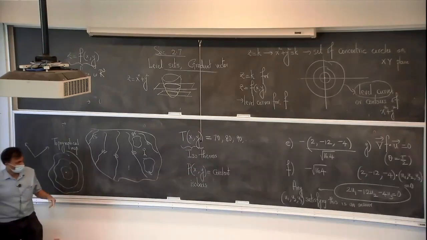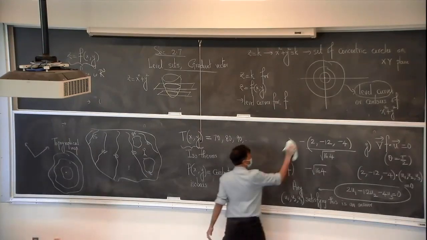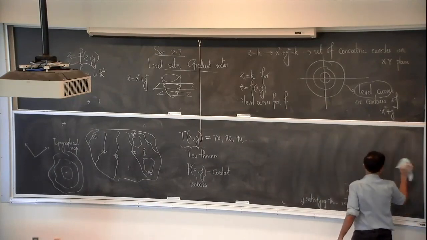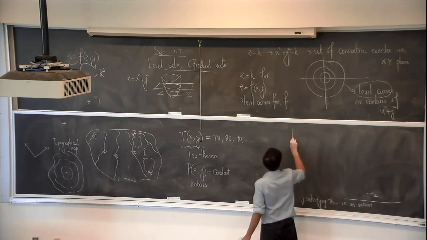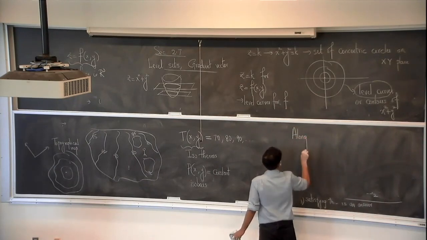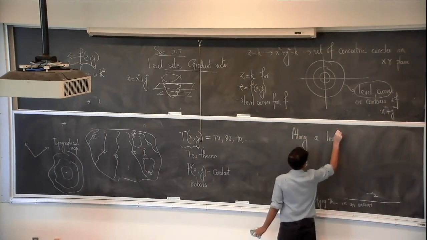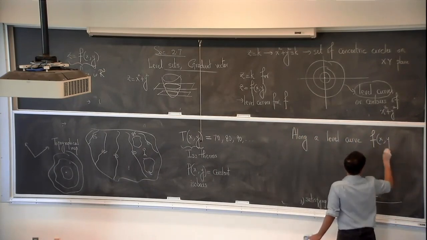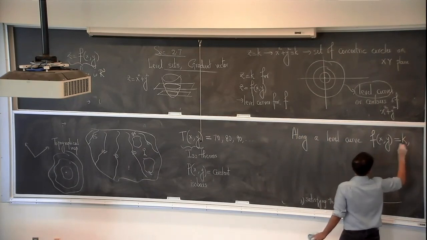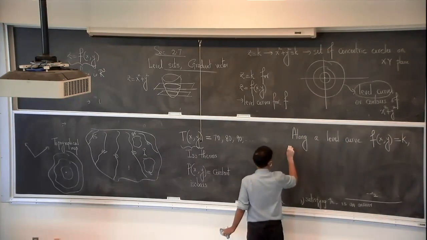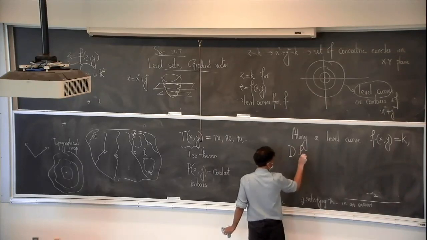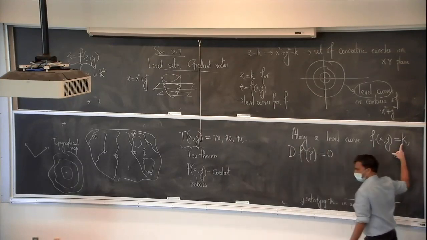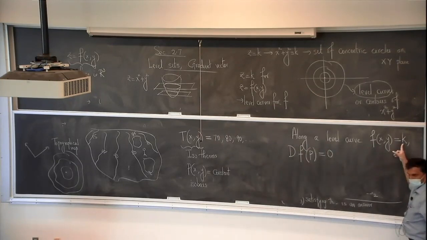So along a level curve, f of x, y equals a constant. The directional derivative at any point should be equal to 0 because it's a constant. Understand that?